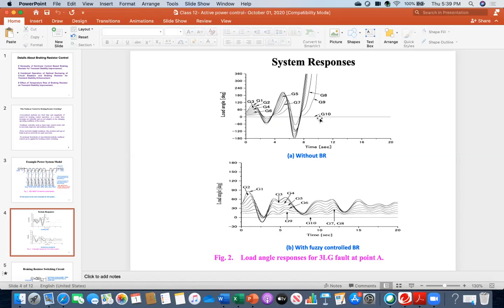So you can see, because there are 10 generators like G1, G2, G3, we are looking at the load angle. And can you see the 3LG fault happened? Initially the system was running fine at the very first, and then the fault happened somewhere around this point. Then it goes a little bit up. It looks like it is coming down, but then it could not come back.